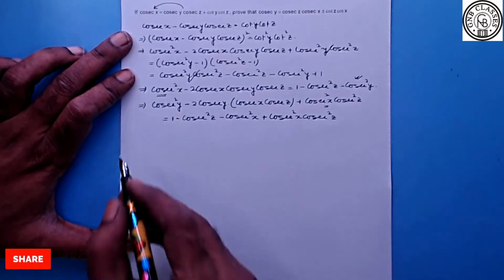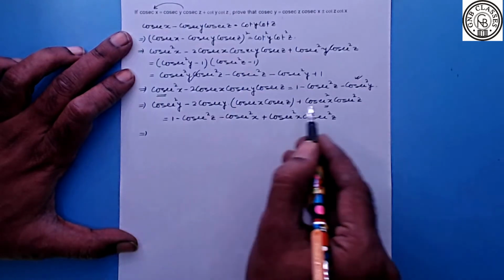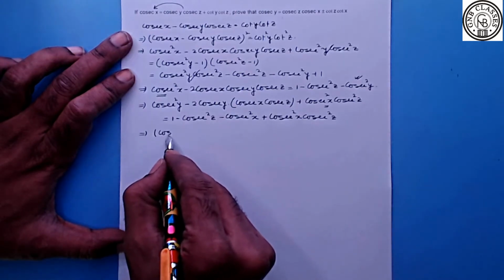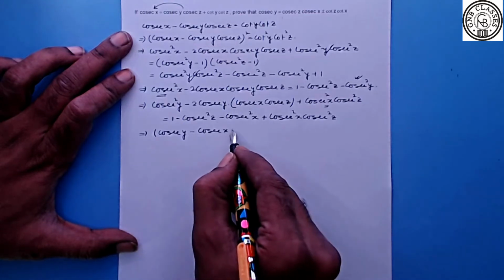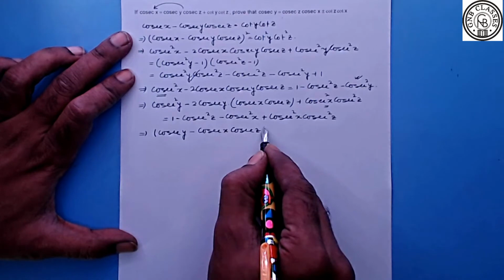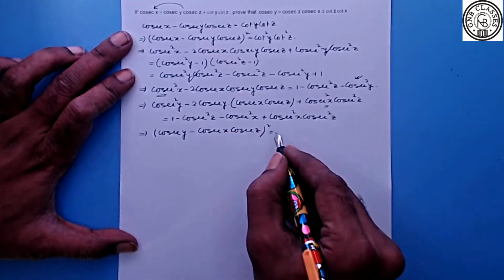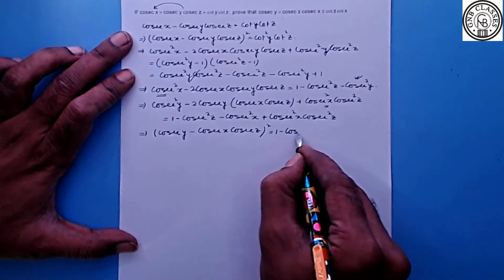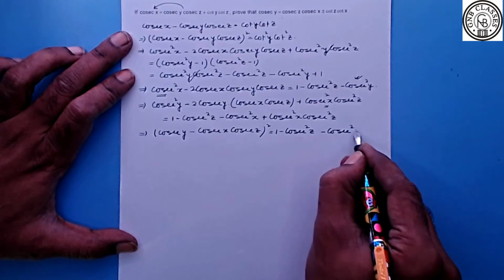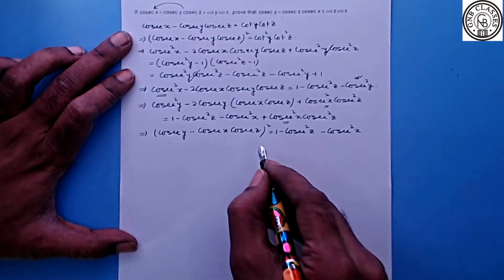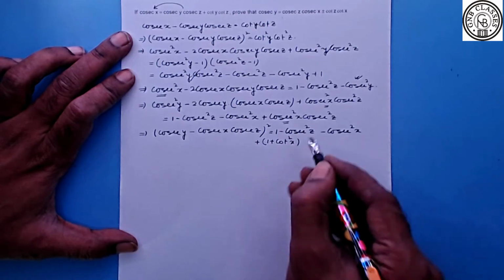Is it okay? Now, in the left hand side we are having a square minus 2ab plus b square, so it will give you a minus b whole square. And in the right hand side we are having cosec square x can be written as 1 plus cot square x.